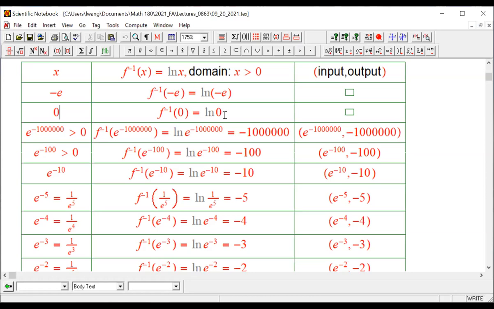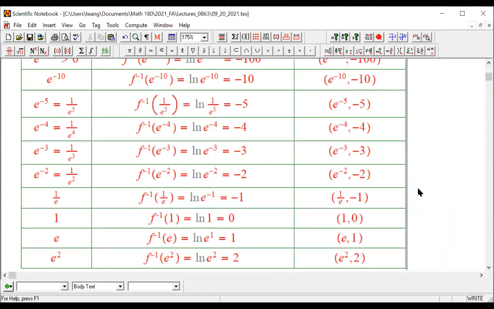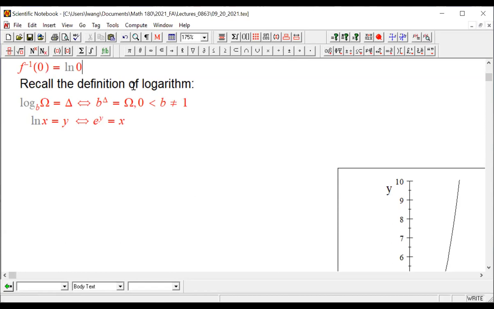All right, so for this one, I want you to cite that very powerful statement. What is the output for that? Because whatever output it is, suppose it's a triangle, that e to the power triangle has to be equal to 0.